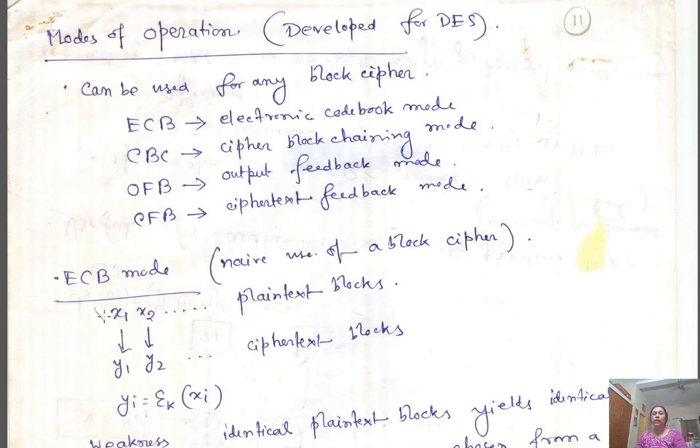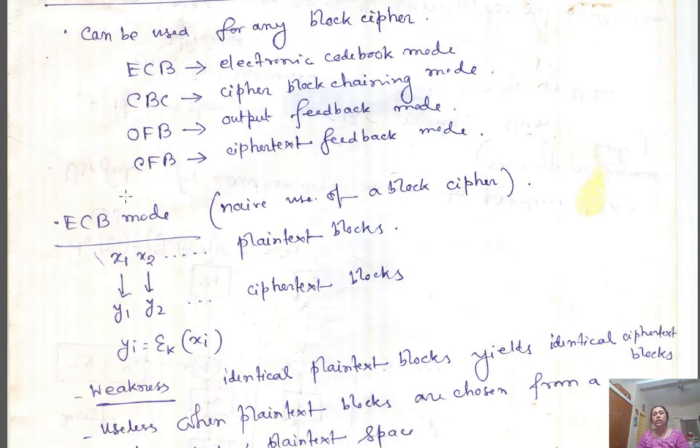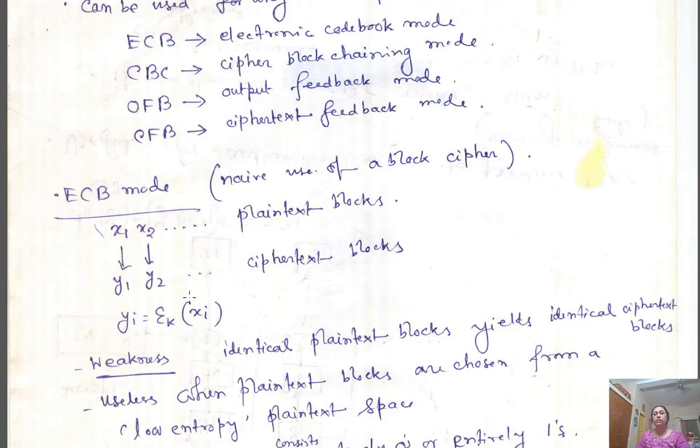This is simply applying your encryption algorithm. It can be your block cipher; it can be DES, it can be AES, it can be SPN, or any other block cipher. The weakness is, if you encrypt this way, then identical plain text blocks result in identical ciphertext blocks.